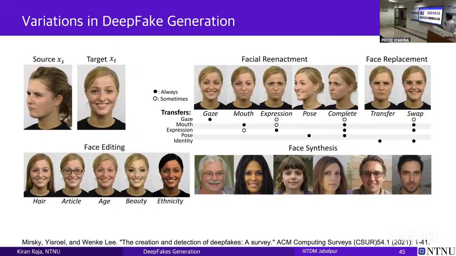Maybe you're only interested in changing the hairstyle, or the pose, or the expression, right? Now at this point, we are in a position where we can control each of these attributes: pose, expression, gaze, and so on.